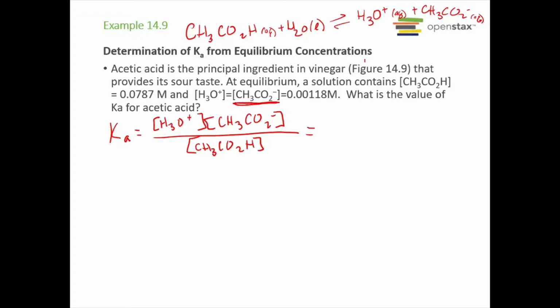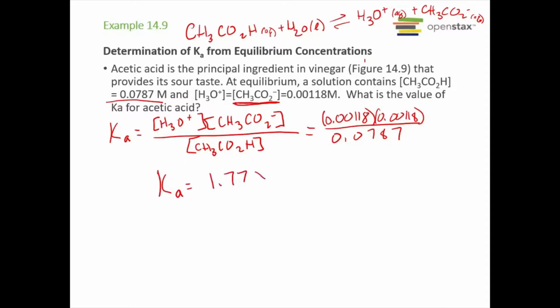We're told hydronium and CH3CO2 minus are equal, so those are 0.00118 times 0.00118, divide that by our acid, which we were told is 0.0787. And so that gives us a Ka of 1.77 times 10 to the negative 5th power.